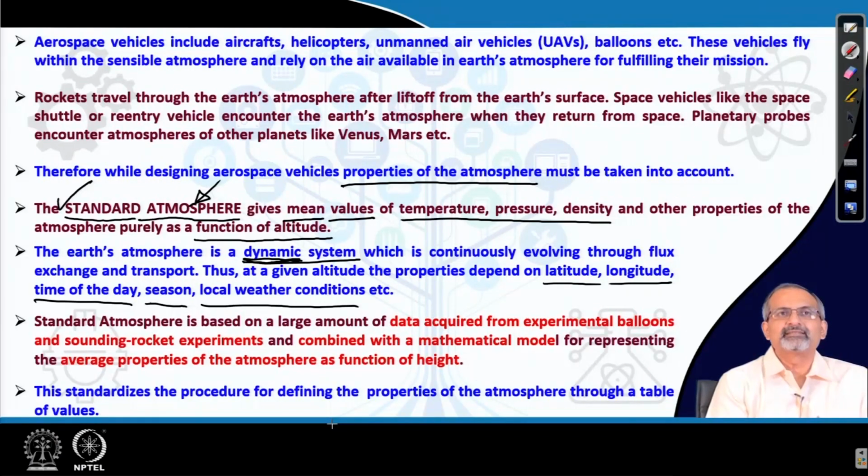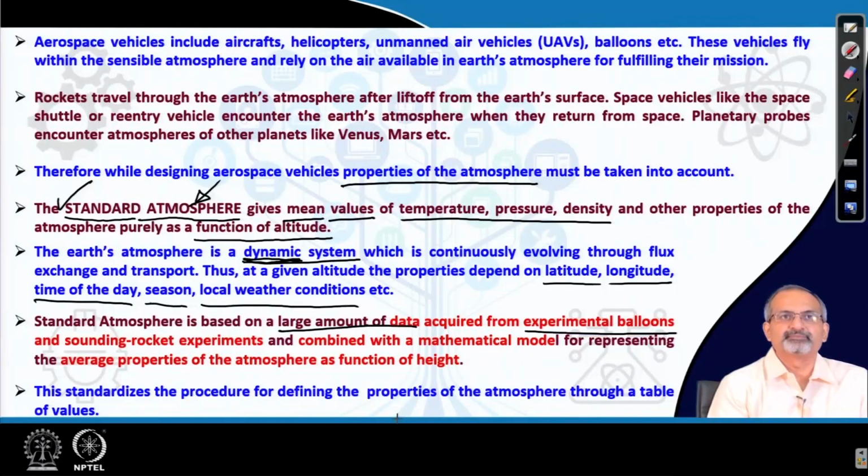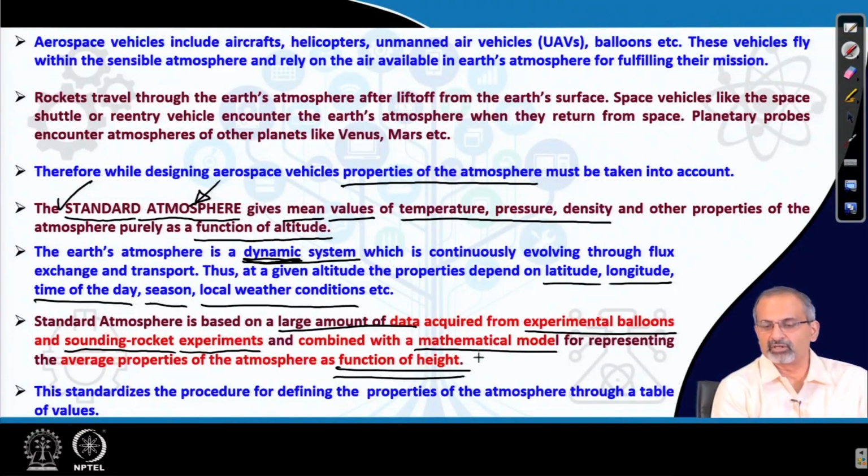So, how is this standard atmosphere concept developed? It is based on a large amount of data, which is obvious, and those have been acquired from experimental balloons which have been flown in the Earth's atmosphere at different altitudes, and a lot of data has been gathered. Data also has been gathered through sounding rocket experiments. Once these data were available, they were combined suitably to give rise to a mathematical model for representing the average properties of the atmosphere, purely as a function of height or altitude.